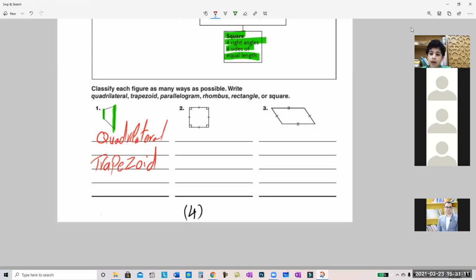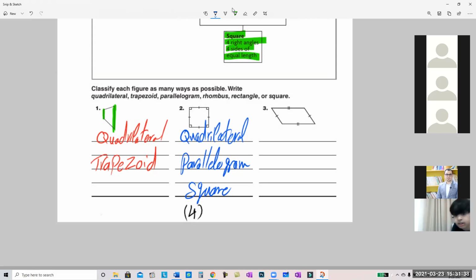It can be a parallelogram and a quadrilateral and a square. Yeah, so it's a quadrilateral, a parallelogram, and it can be a square too. Yeah, it's a square. Excellent. Thank you so much, Hussein Al Ahmed.